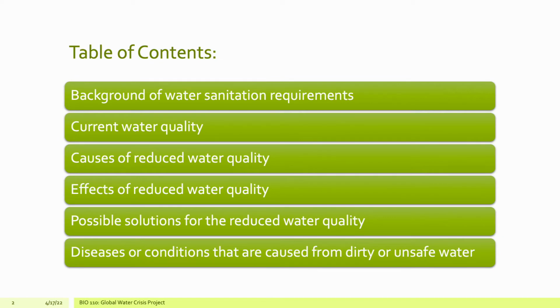Some of the topics I'll cover are background of water sanitation requirements between the two countries, the current water quality in the two countries, some causes for that reduced water quality in the United States and Bahrain, some effects of the reduced water quality, diseases, possible conditions that are caused from dirty water.